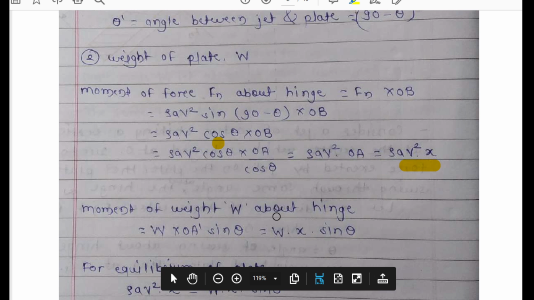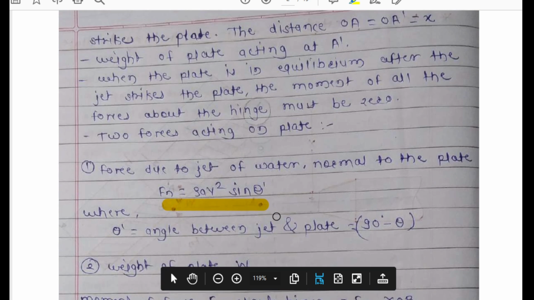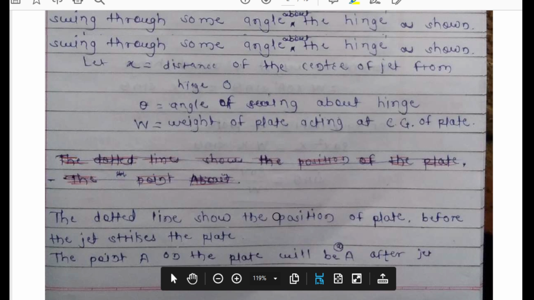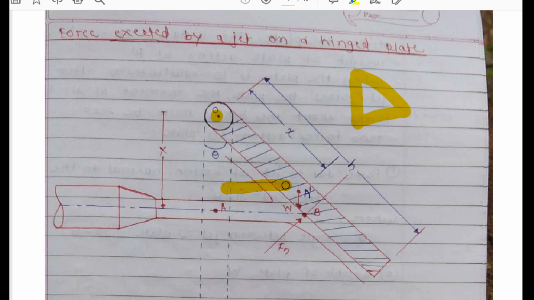Now the moment of W, that means your weight about the hinge. This can be calculated in the same manner: the weight into your perpendicular distance, that is A to A dash. This distance we have to calculate again in the same manner, that means by using the angle theta we have to calculate this perpendicular distance.